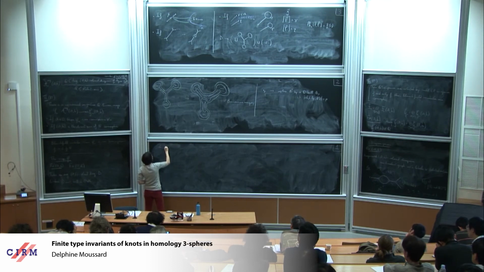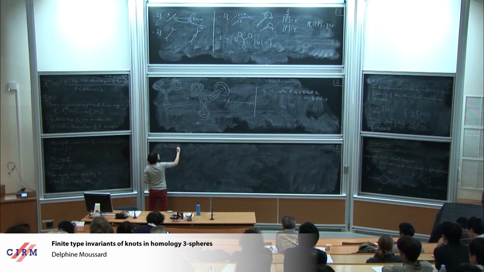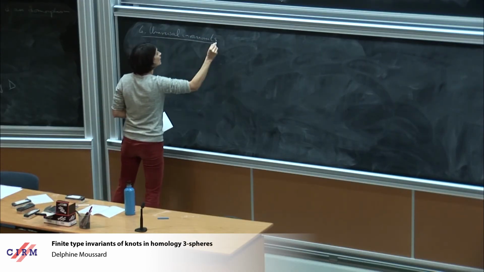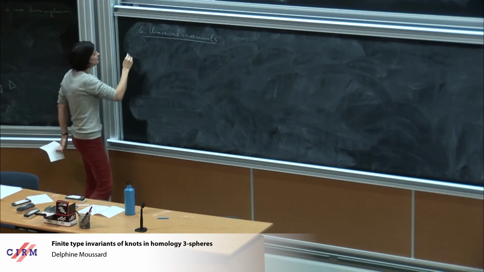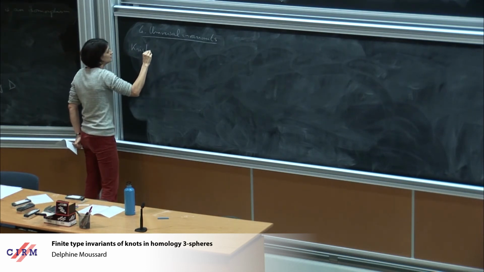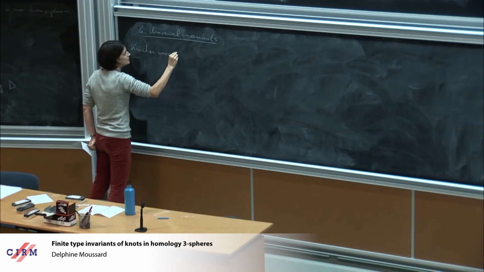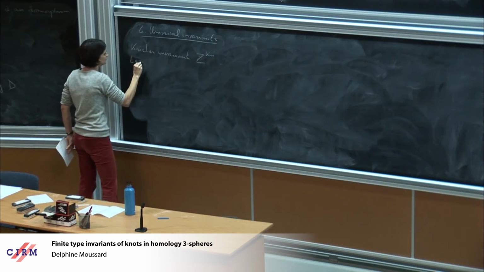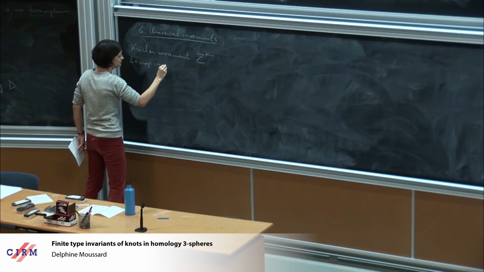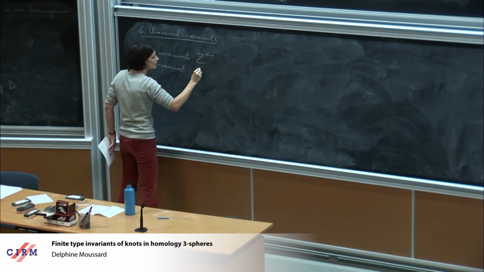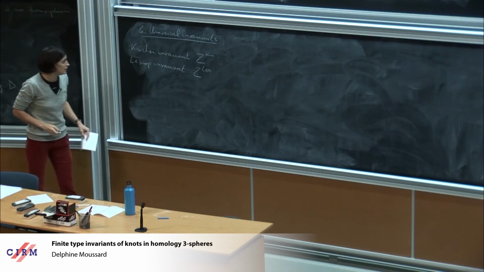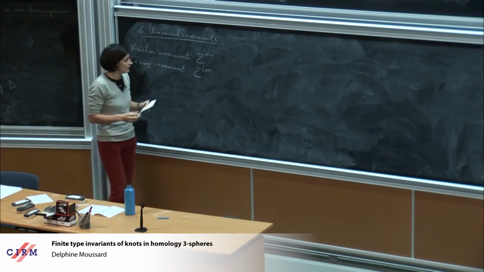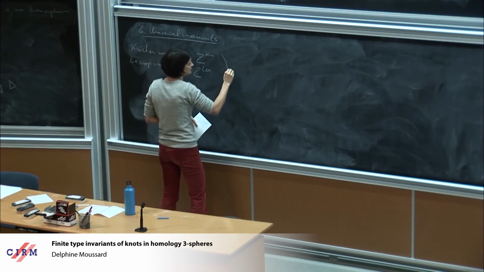So finally, we consider universal invariants. As I said, we have two candidates here to be universal invariants that are the Kricker invariant that I will denote Z3 and the Lescop invariant ZS. Indeed, these two invariants will have the same role in our setting, and the properties that I will give are the same for both invariants.